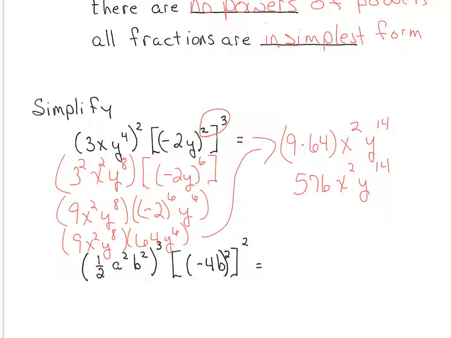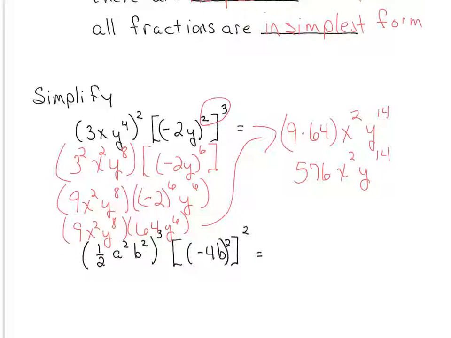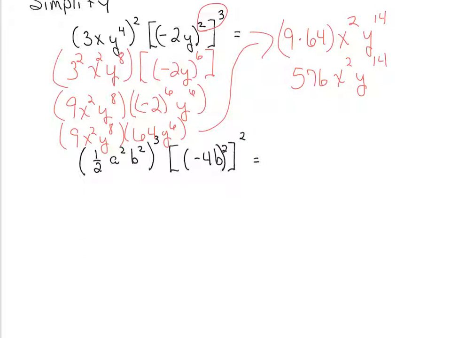So let's look at this last problem. Work through it. We do things in order. So I'm going to have 1/2 cubed times a to the 6th, b to the 6th. We multiply the exponents because it's raised to a power.